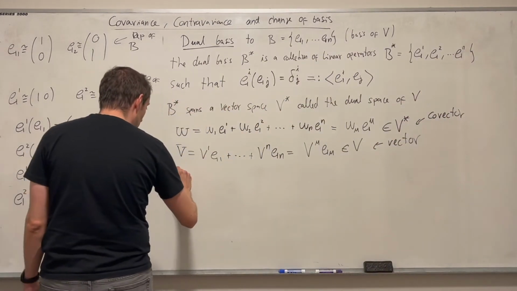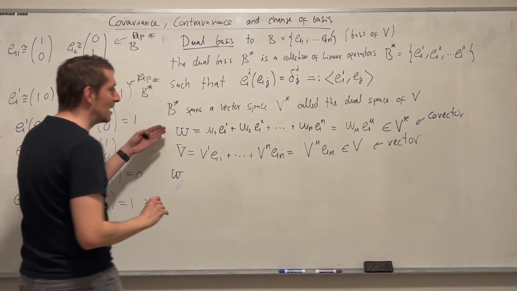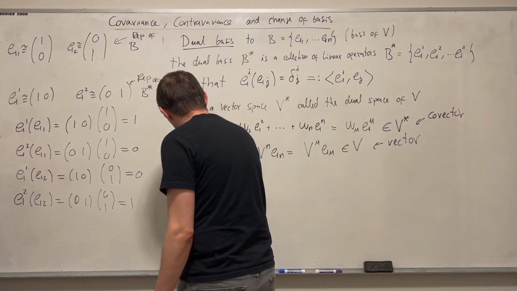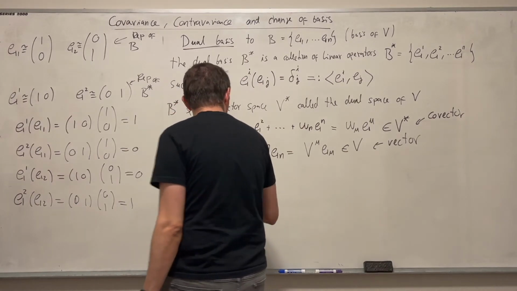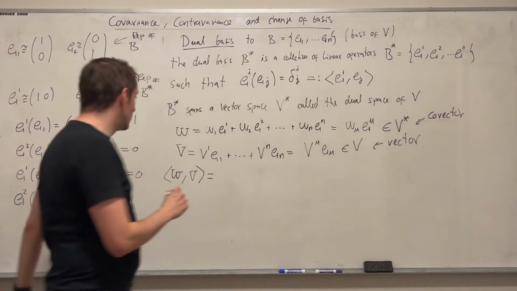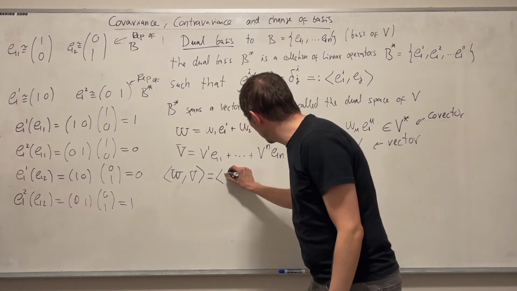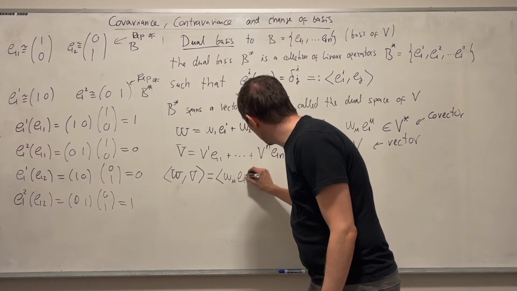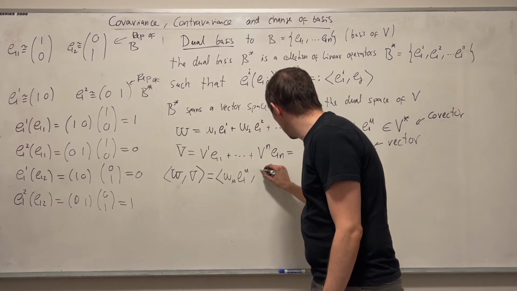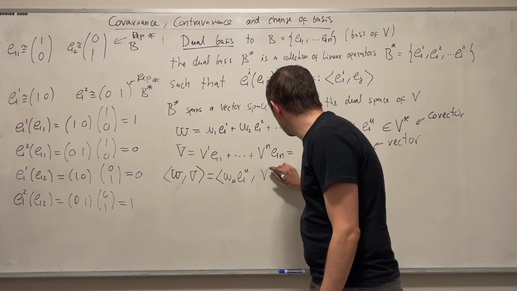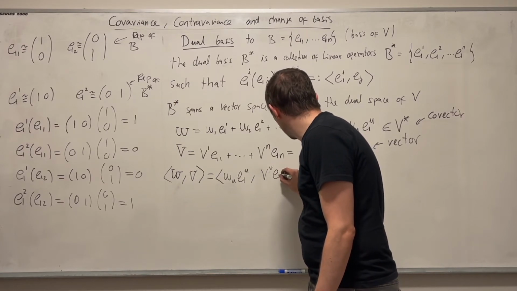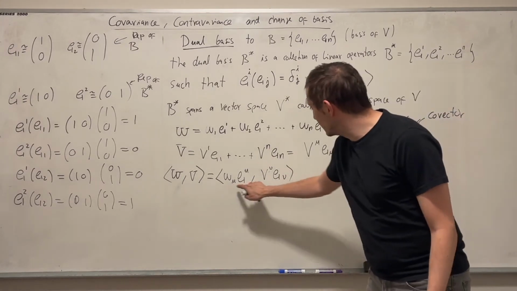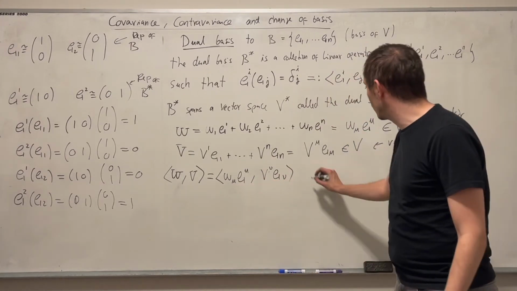What is omega, which is an element of the dual space, a covector, acting on the vector V? Well, let's first expand this in components. That would be omega_mu E^mu acting on V^nu E_nu. These are numbers and these are vectors, and only vectors act on vectors, so I can take the numbers out.